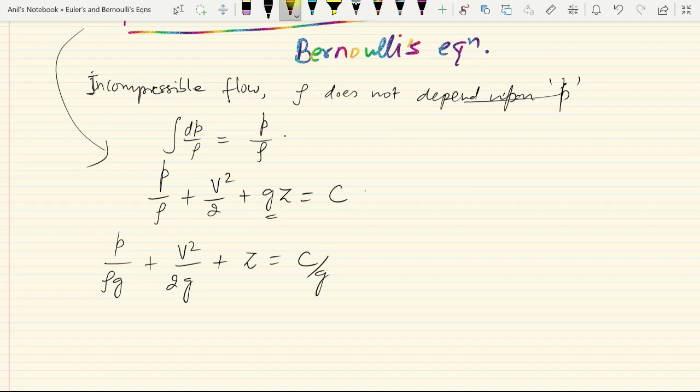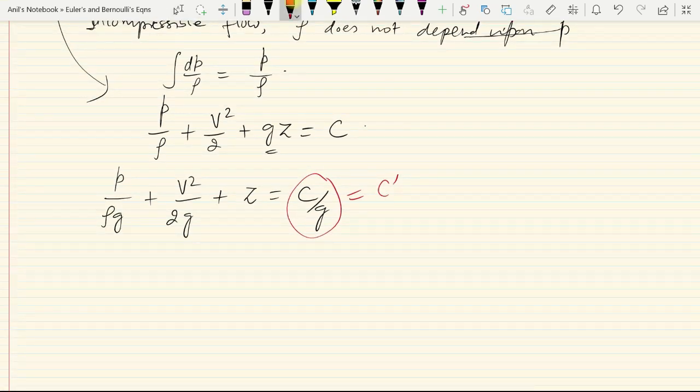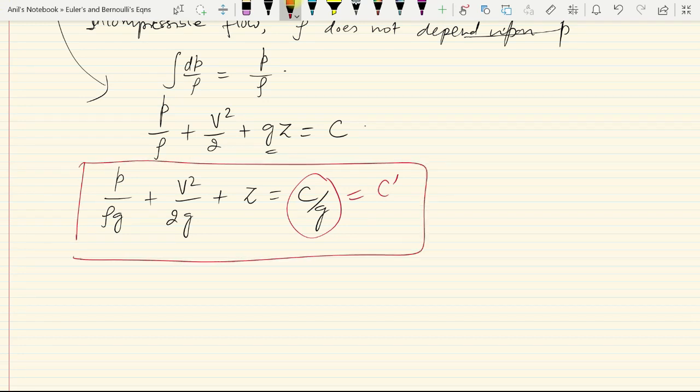And c by g is again another constant, c dash, so we can write it as c dash. And so this becomes Bernoulli's equation for steady and incompressible flow.